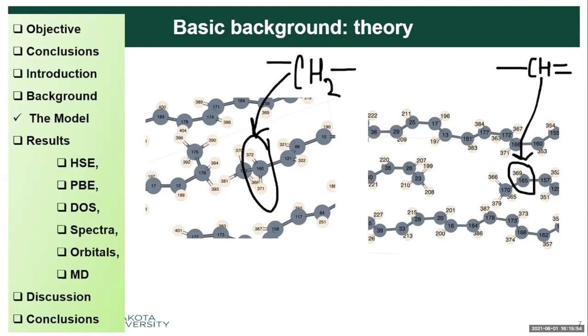So here actually there are two types of polymer. One is with a chain CH2 and another with a CH bond. At first, when I did the class project, I used the first one, and at that time I used the PBE functional method.